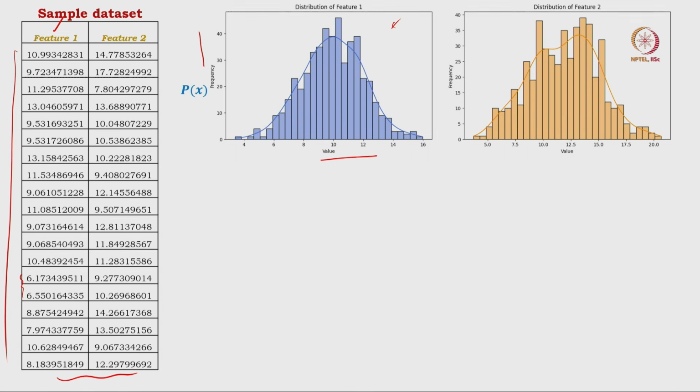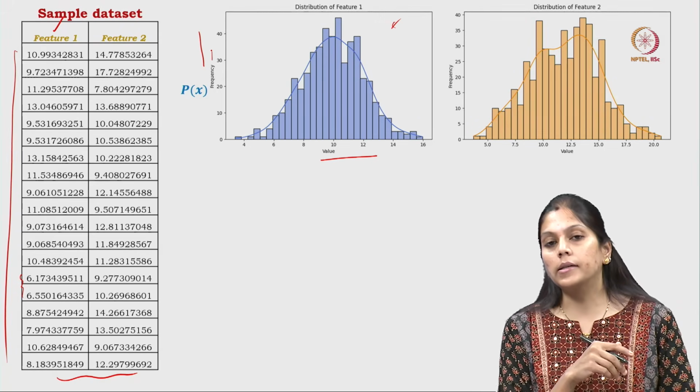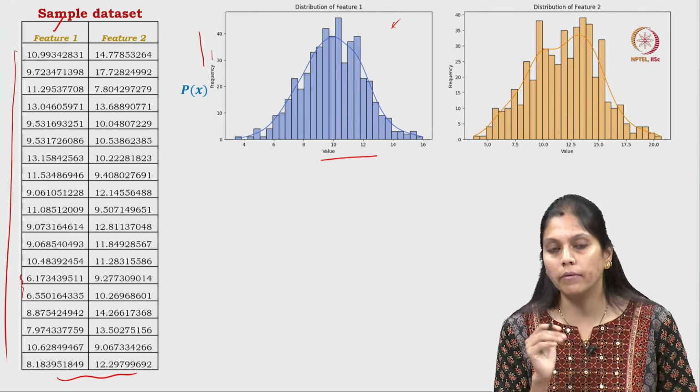What is the frequency of those values? The number of such samples in each range is the y-axis, and on the x-axis you are placing the values.